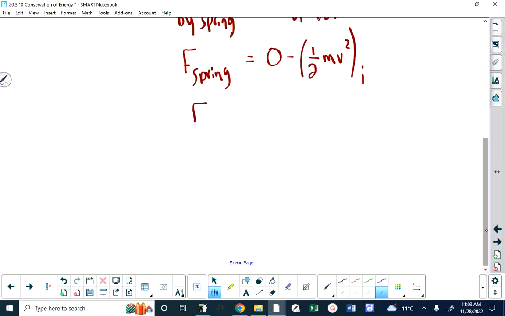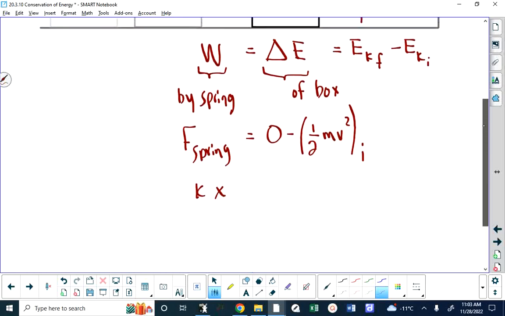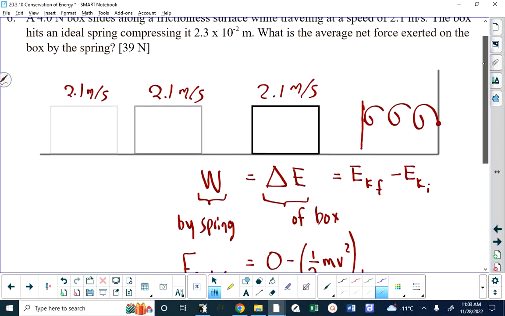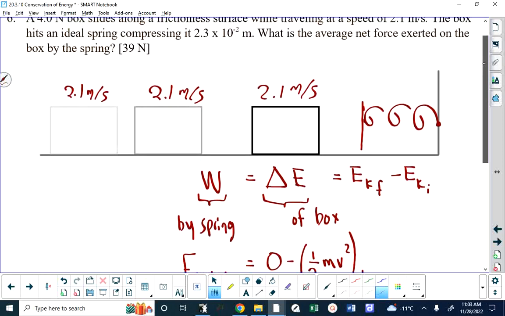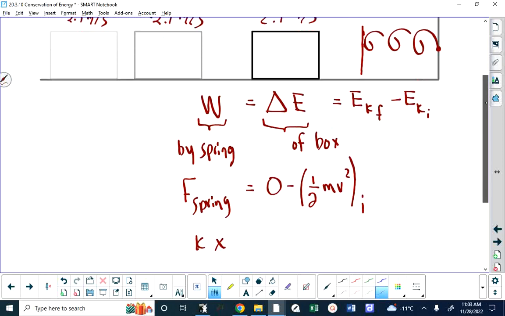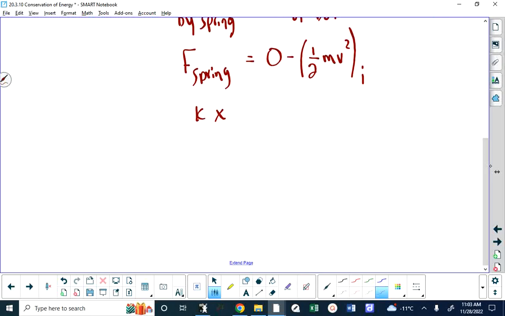The force that the spring exerts is equal to kx. Now, this is one of the few cases where I was going to put that negative in front of the k, but I'm not going to.